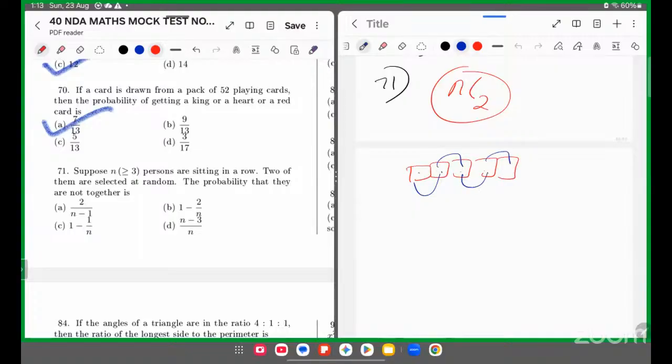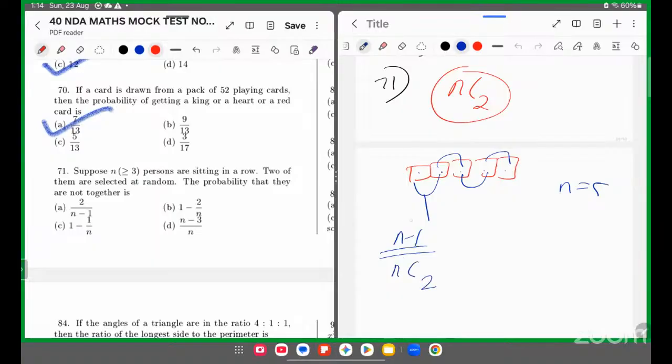For example, 1, 2, 3, 4, 5. n equal to 5. How many adjacent pairs are there? 4. So if I want to get adjacent pairs, I have 4 options. So if I have n people, I will have n minus 1 options for taking 2 people together.